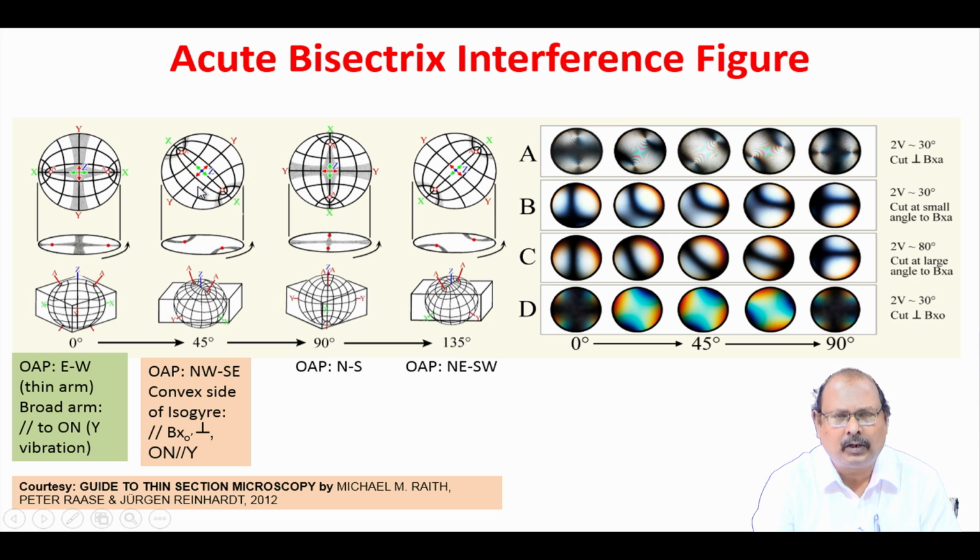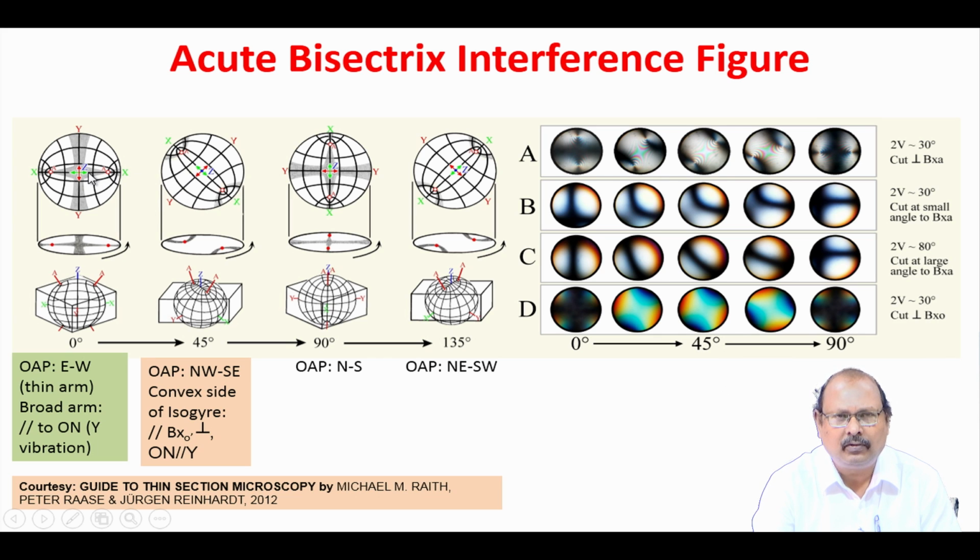So, this is one of the most diagnostic properties for identifying a biaxial mineral using an acute bisectrix interference figure. That is, when you rotate from the 0° position to the 45° position, what will happen here?